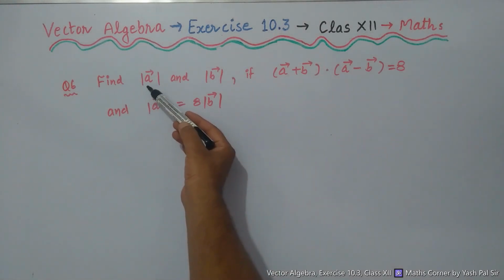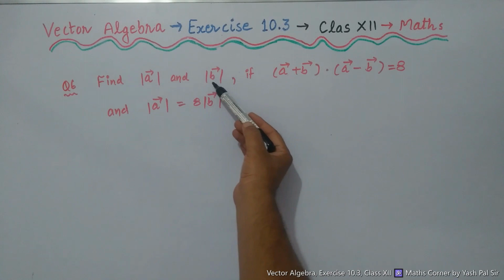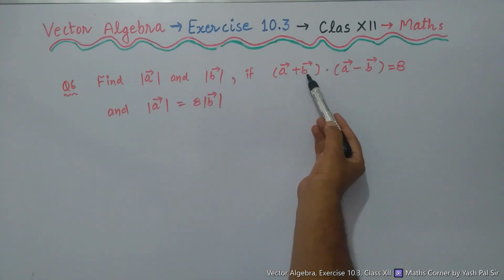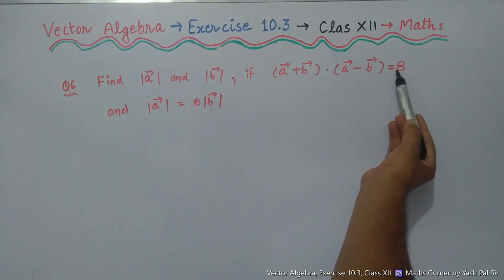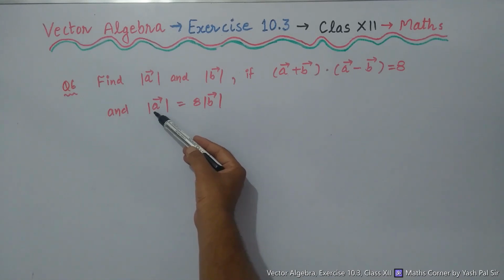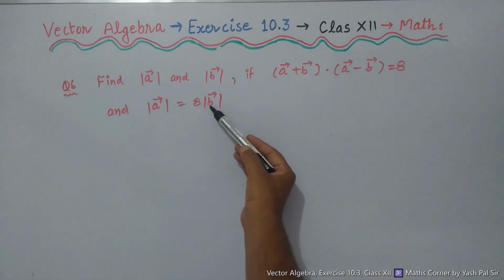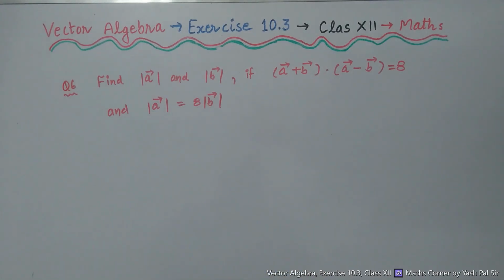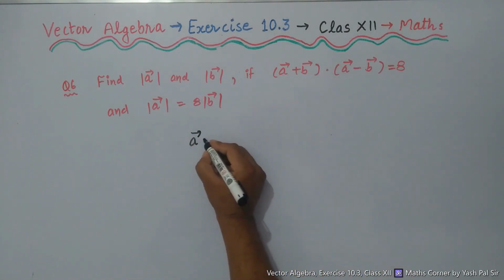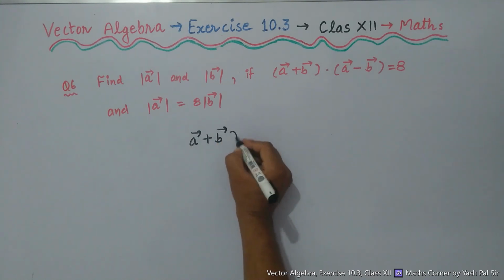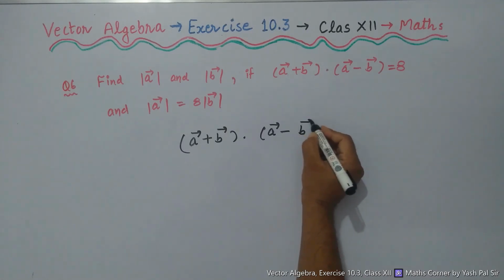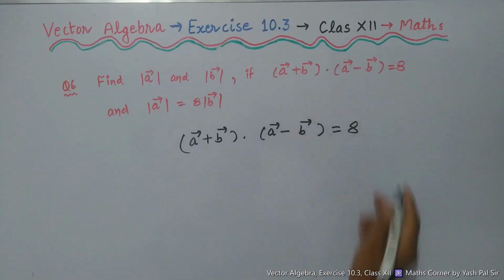Find magnitude of vector A and magnitude of vector B if dot product of vector A plus B and vector A minus B is equal to 8. It is also given that magnitude of vector A is equal to 8 times magnitude of vector B. So here we start: dot product of vector A plus vector B with vector A minus vector B is equal to 8.